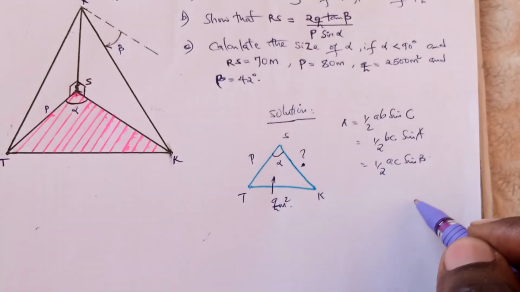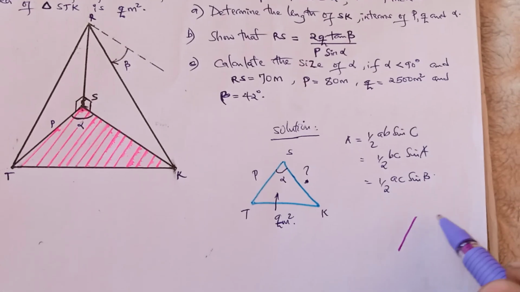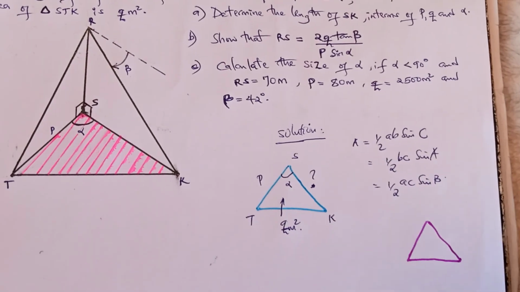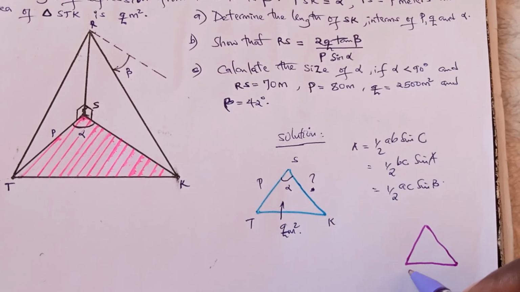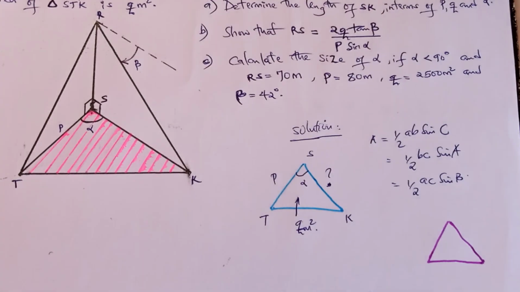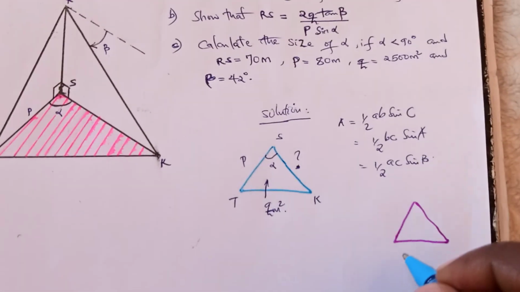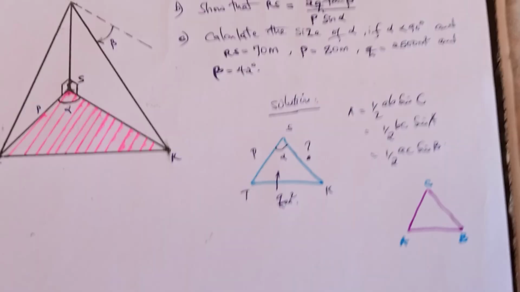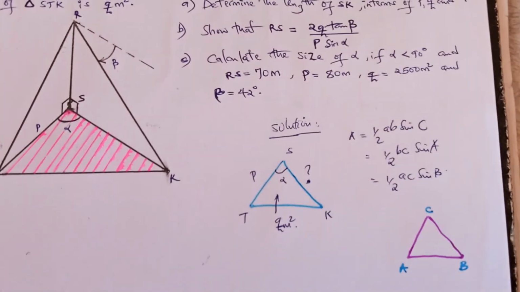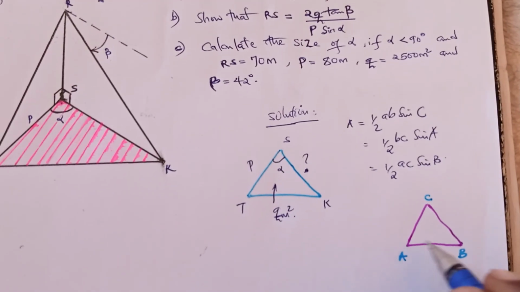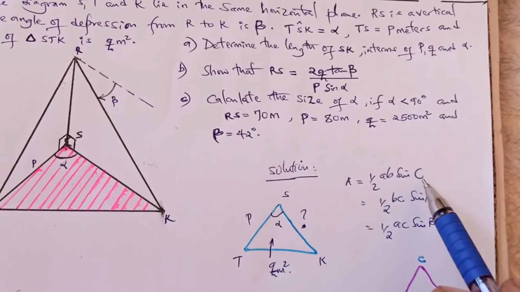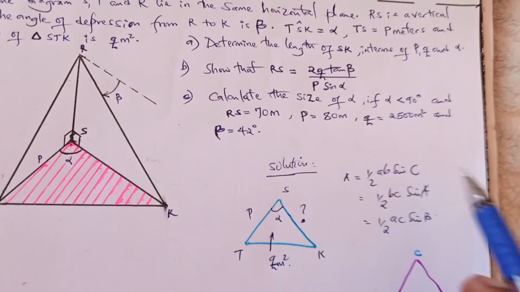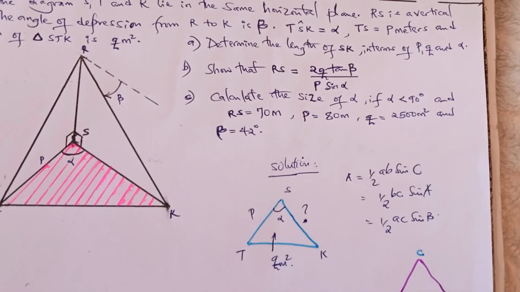If we have a triangle ABC, what these capital letters, capital A, capital B, capital C, represent are the angles.